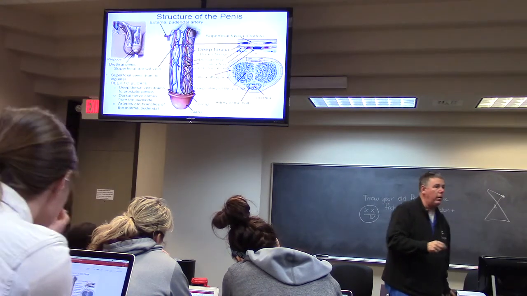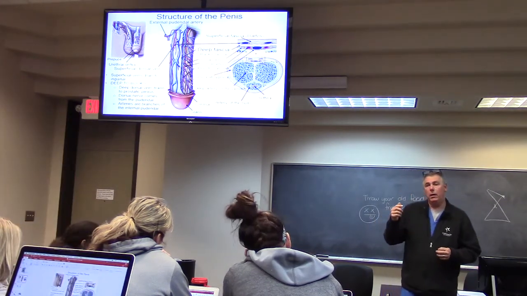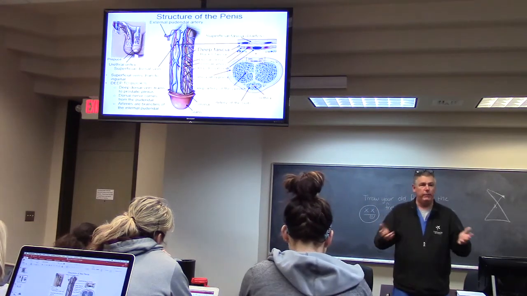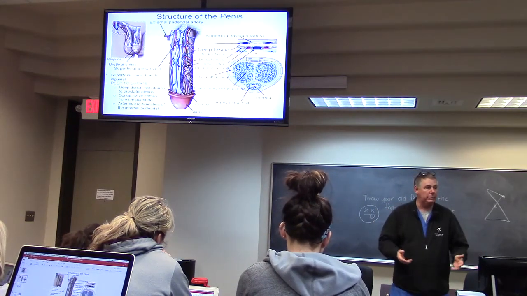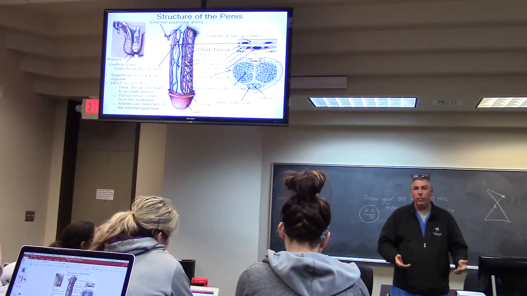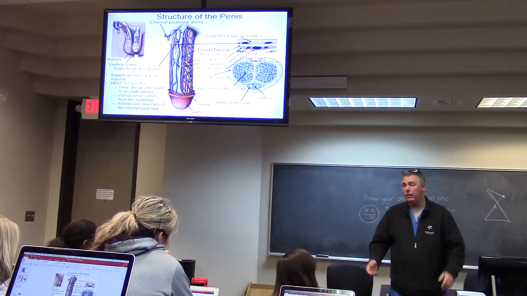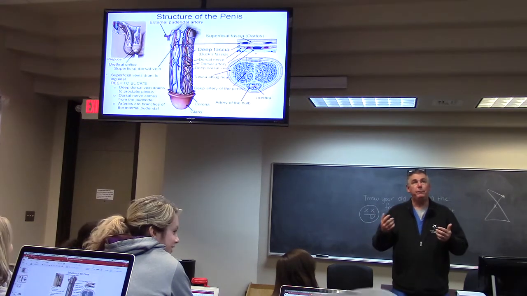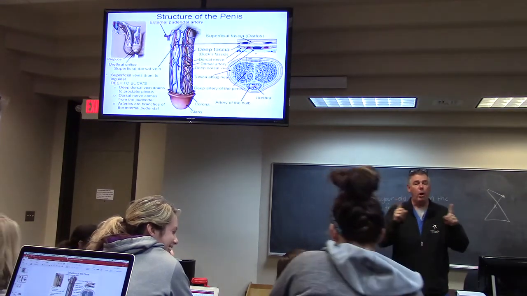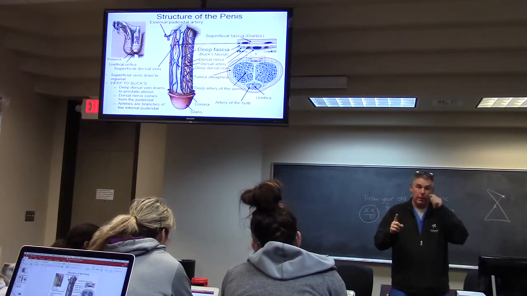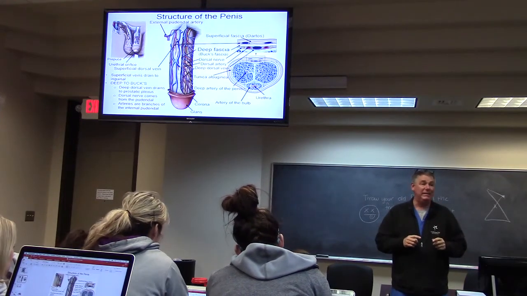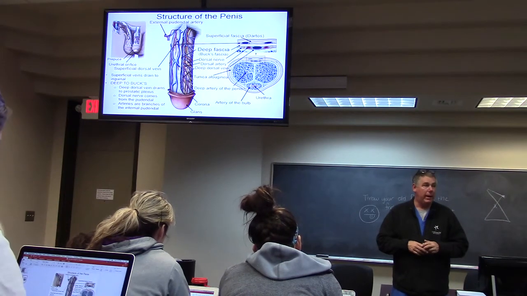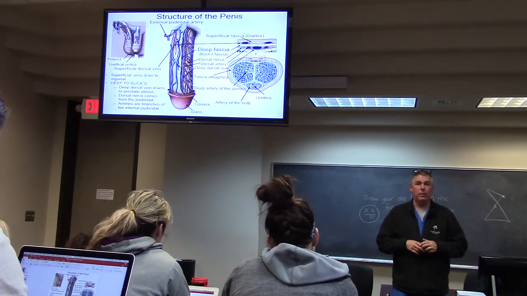Now, on occasion, an erection will not go away. If you listen to the Viagra commercials, they always say, for erections lasting more than 4 hours, contact your provider. A prolonged erection is called priapism.